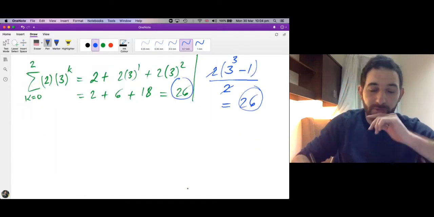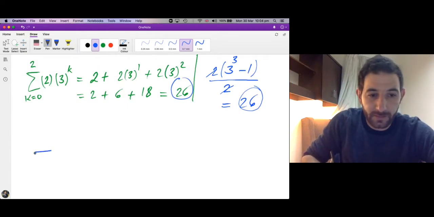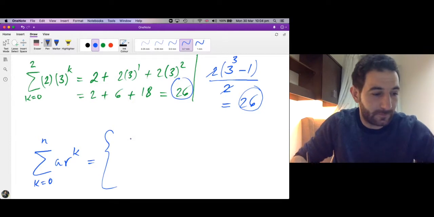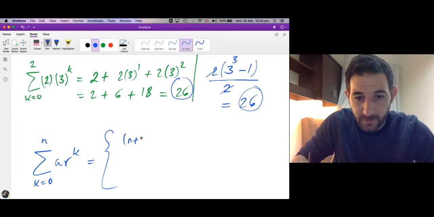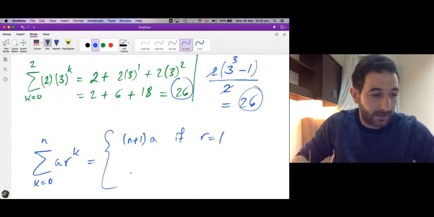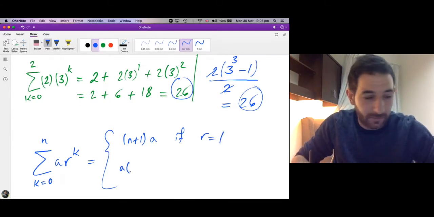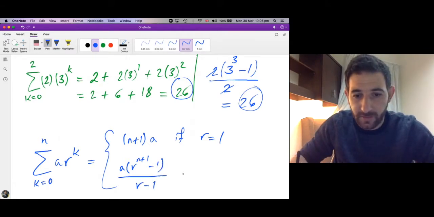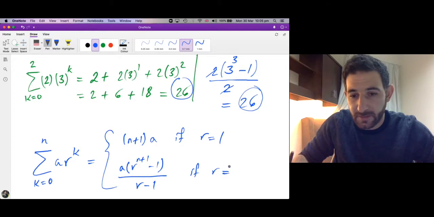So, moral of the story, the summation of ar to the power k, where k ranges from 0 up to n, is equal to n plus 1 times a if r is 1, and otherwise it's equal to a times r to the power n plus 1 minus 1 divided by r minus 1 if r is not equal to 1.